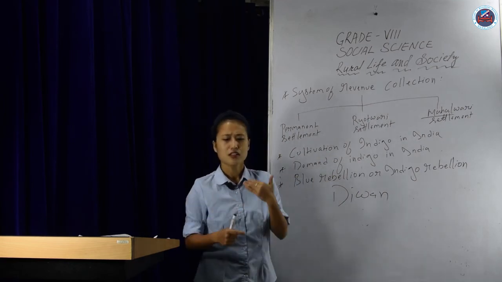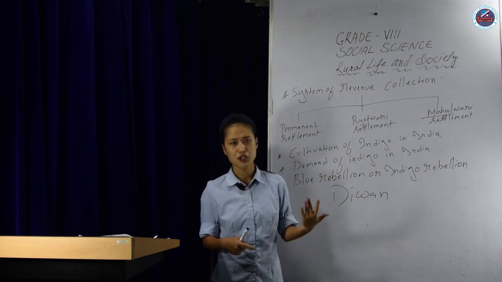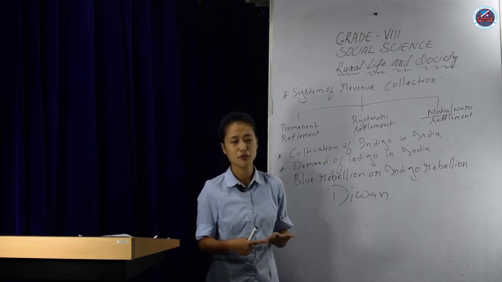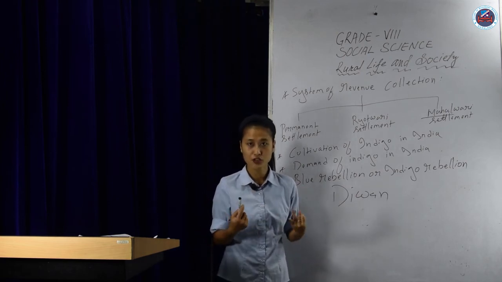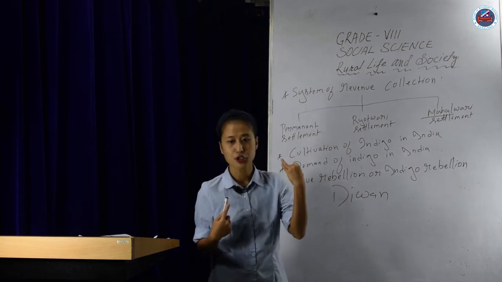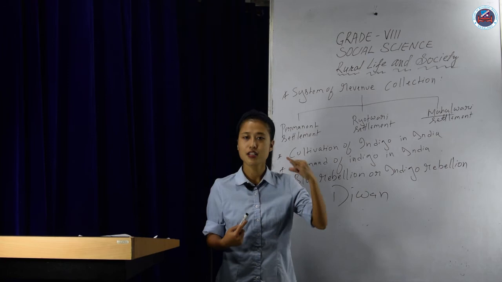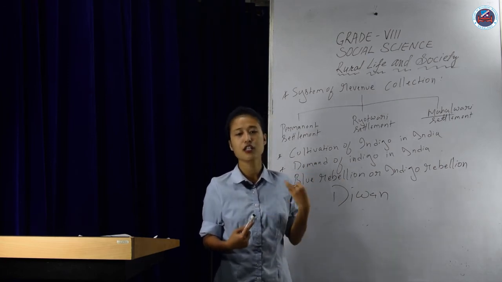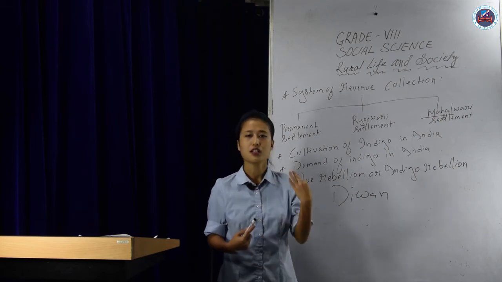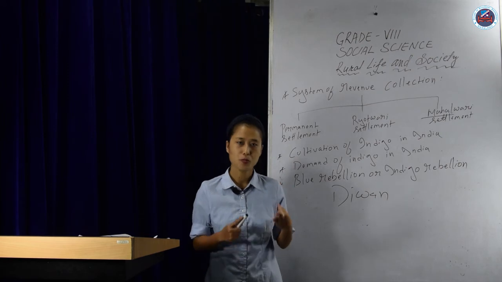But after the Blue Rebellion, some of the consequences that came up are these. The British government set up an Indigo Commission to inquire into the system of indigo production. Second, the commission held the planters guilty and criticized them for the coercive methods they used with cultivators. Third, it declared that indigo production was not profitable.